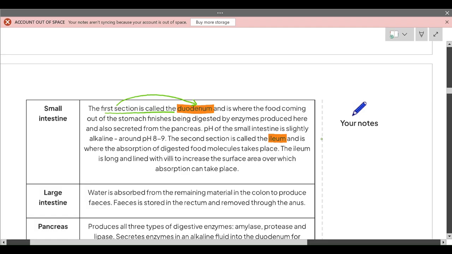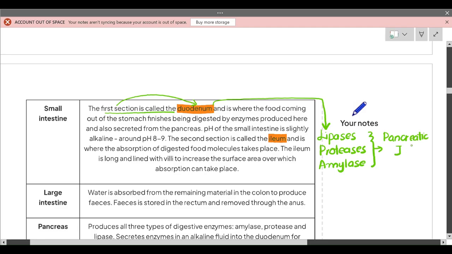The enzymes present here are lipases, proteases, and amylases. These are the enzymes present in the first part of the small intestine. Where do they come from? They obviously come from the pancreatic juice, from the pancreas.